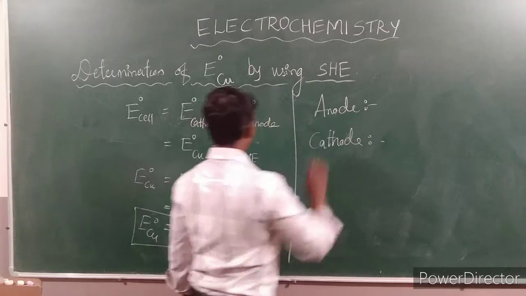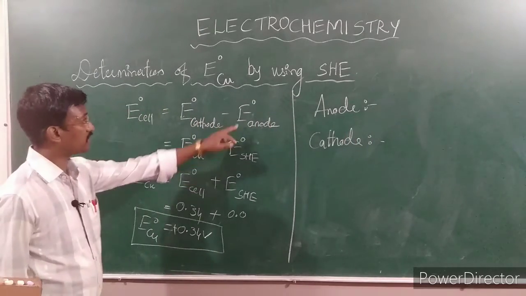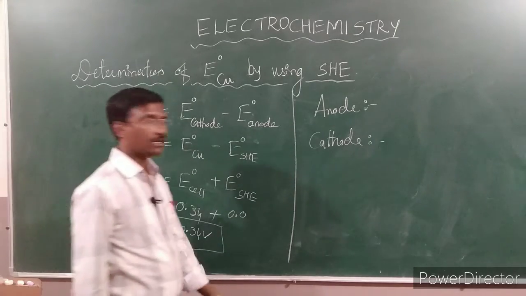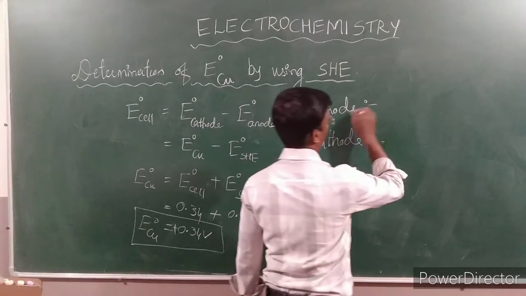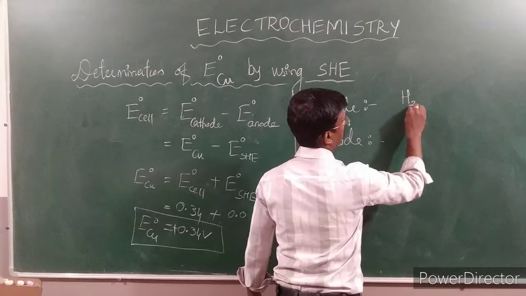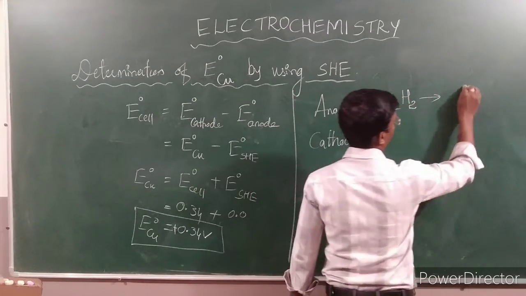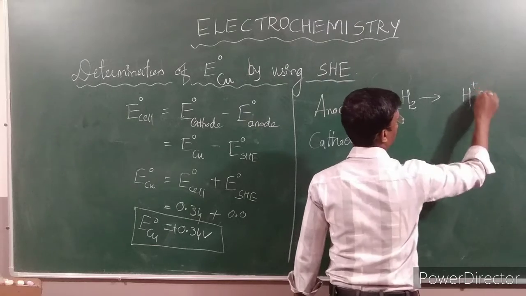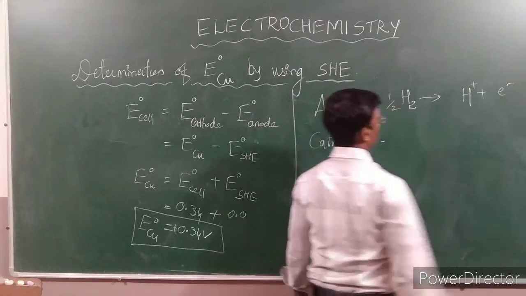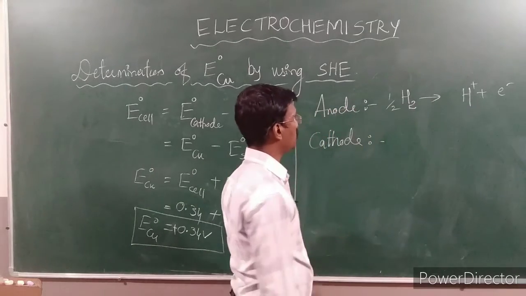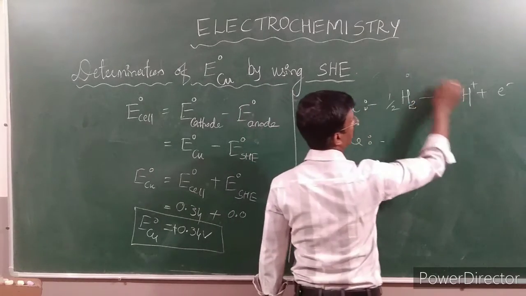Look here, at the anode it is the SHE, which involves hydrogen. Hydrogen forms H plus by loss of electron. Loss of electron is called oxidation: zero charge becomes plus 1.